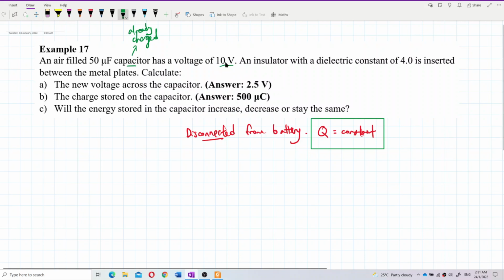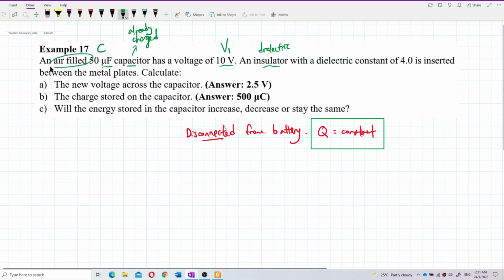This is the initial voltage, we can put it as V1, and this is the capacitance, in microfarad. You have to change it to SI unit. And then here's the insulator. This insulator is a dielectric. That means you put the dielectric in between the two plates.